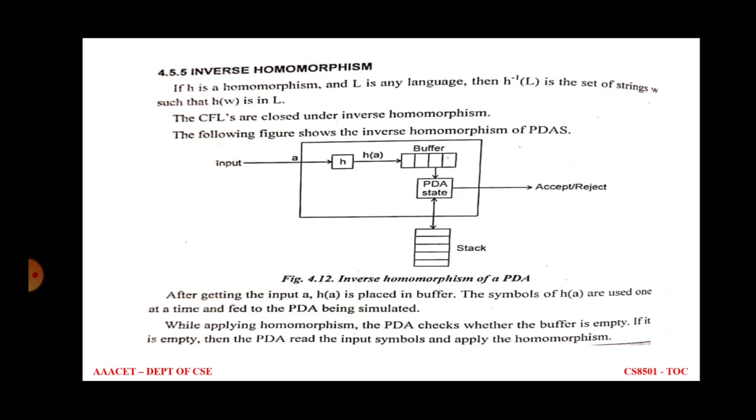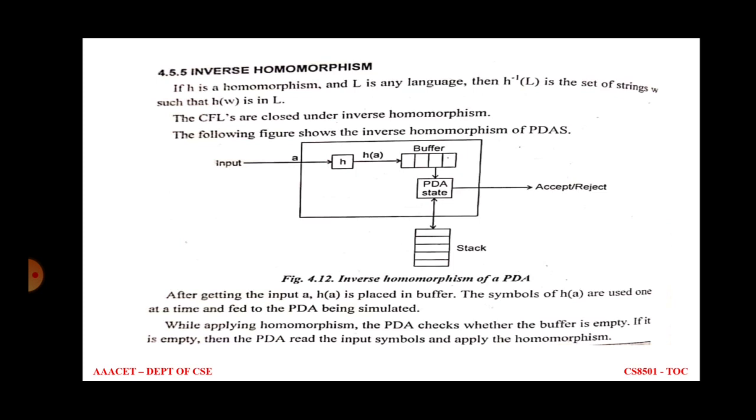The symbols of H of a are used one at a time from the buffer and fed into the PDA which is being simulated, because it is used to check whether the given input string is accepted or rejected by using the stack concept. So while performing the homomorphism, the pushdown automata checks whether the buffer is empty or not. If the buffer is not empty, the pushdown automata cannot read the input symbols and not apply homomorphism.